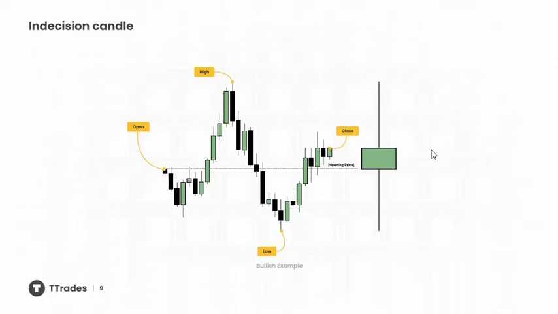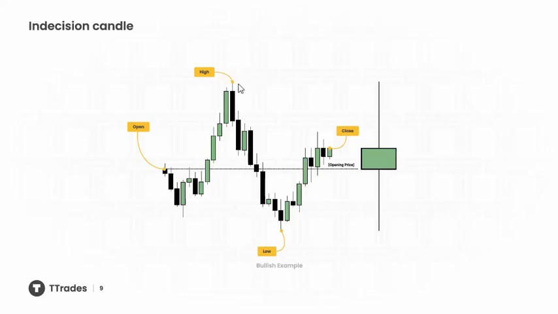So here's how an indecision candle forms in the lower time frame. We have the higher time frame candle here to show you how it is relative to the lower time frame. So it opens right here. This thin line right here is the opening price of that candle. So you see, when it opens like that, it goes down. It then goes to create the high of that candle, right?